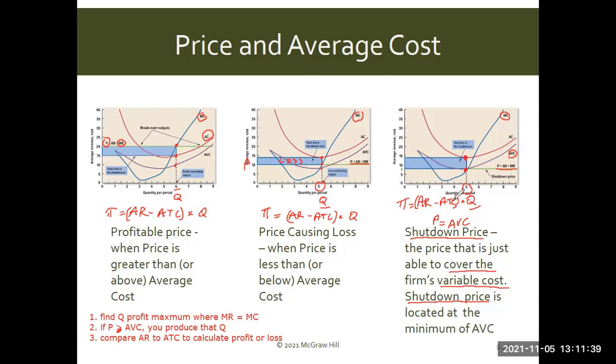So average revenue minus average cost is negative. We would show a loss of this whole blue amount. And it's bigger than this loss, but it puts us in a decision, do we shut down or not? And we are covering our variable costs, so we probably won't shut down, but it's called the shutdown price. That's the minimum of average variable costs there.